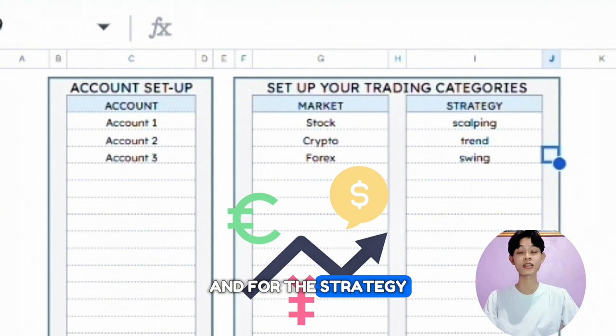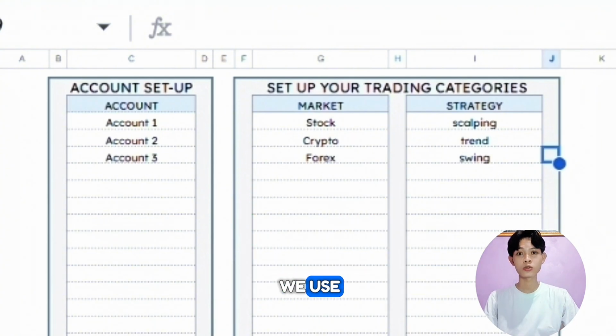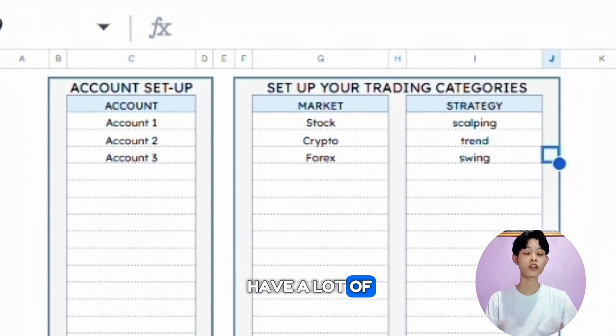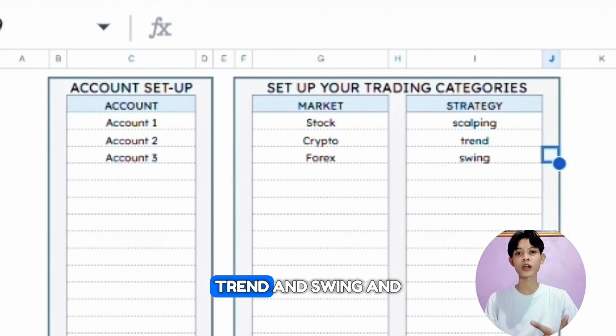And the strategy is the strategy that we use. As we know, traders have a lot of strategies, right? And this is an example of strategy: for example, scalping, trend, and swing.